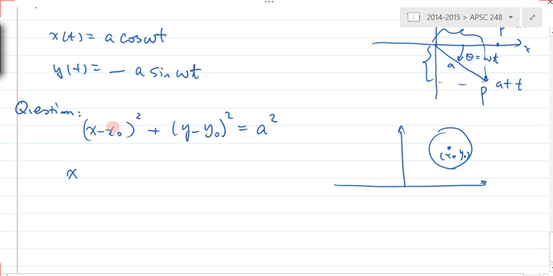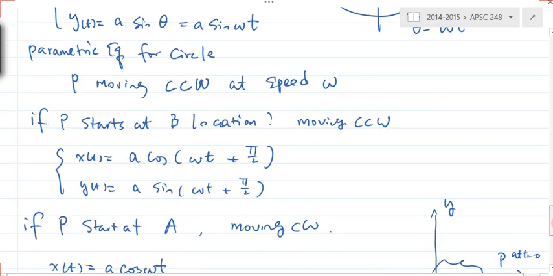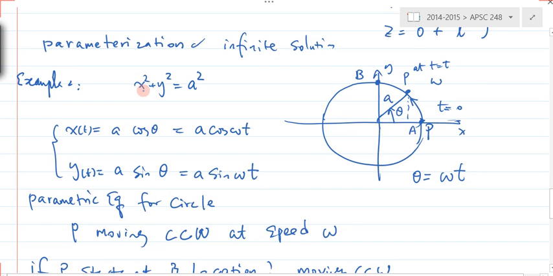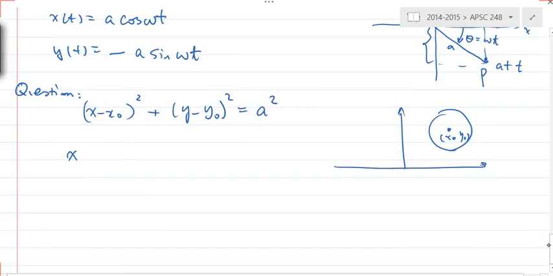If I think of x minus x0 as a whole thing, just like this x here, that basically gives me x minus x0 equal to a cosine omega t, and y minus y0 equal to a sine omega t.